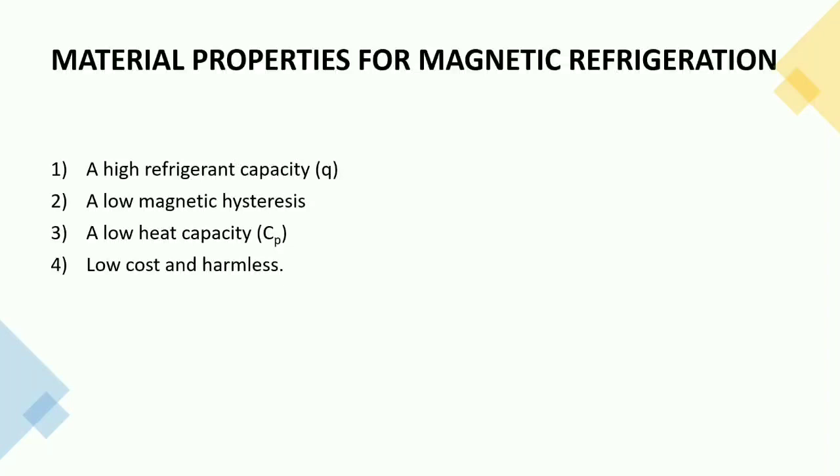The next point is low cost and harmless. The main problem of the rare earth-based compounds, which are usually the best, is their cost. Other compounds are a good alternative concerning the cost of the materials.